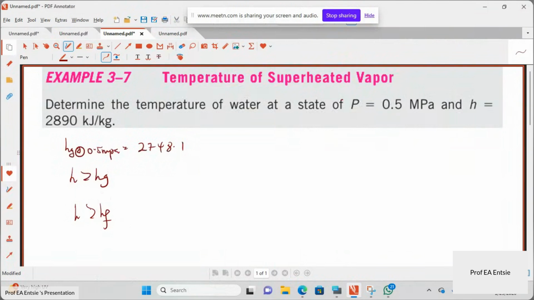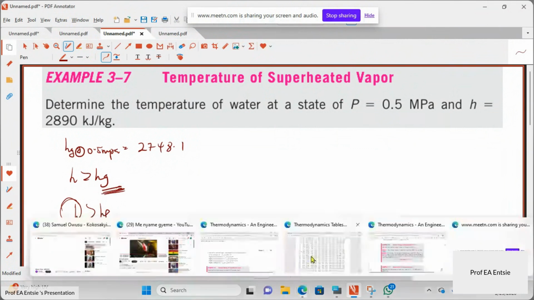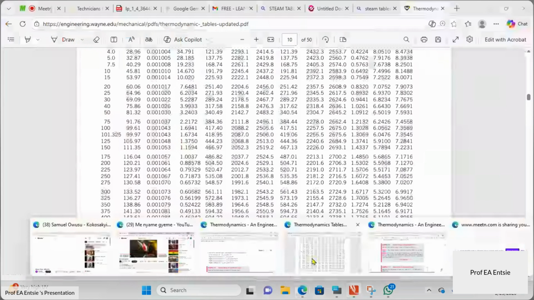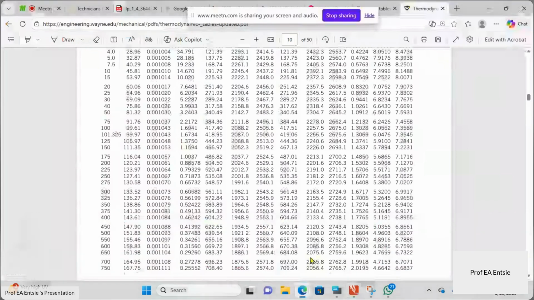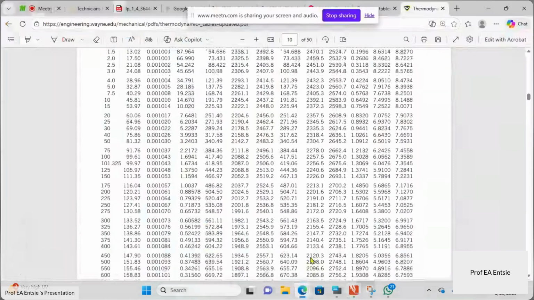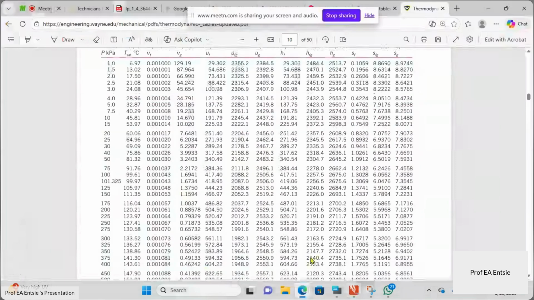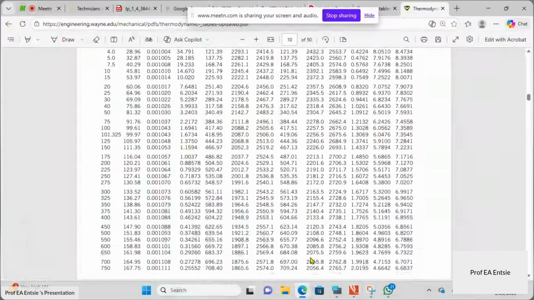But this our H here is rather bigger than Hf. It's also bigger than Hg. So we use this one, right? Because Hf, let's see Hf at 500 kilopascal or 0.5 megapascal. This is Hg. So this will be what? Is it Hfg? Yes, Hfg. So Hf is this. Hf is 640.09.